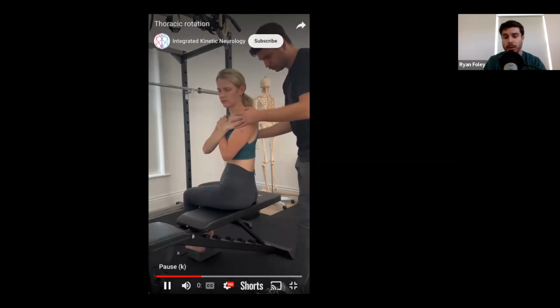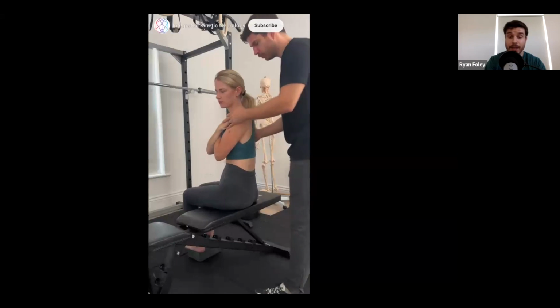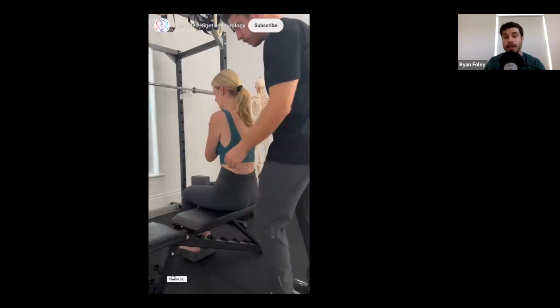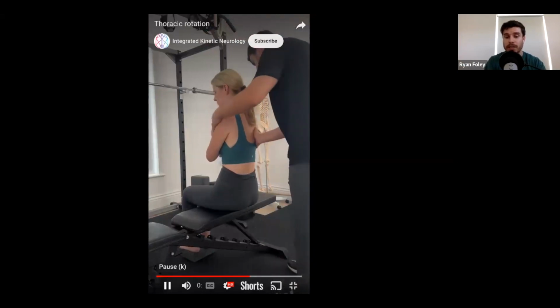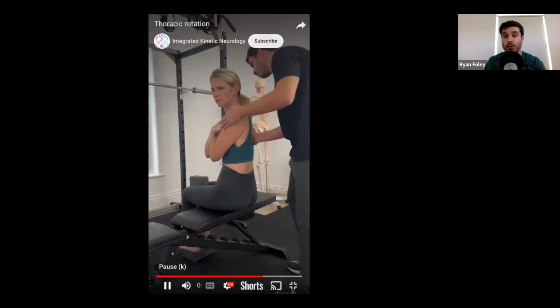So one thing that we do here when we're assessing thoracic spine rotation is we'll position a block between the knees, ask the client to gently squeeze that, and then we'll begin to rotate the thoracic spine again. Okay, we can get really nitpicky with this if we wanted to and say, look, when we begin to see that femur moving backwards, which would encourage a rotation of the pelvis in the same direction, then we could stop the test.